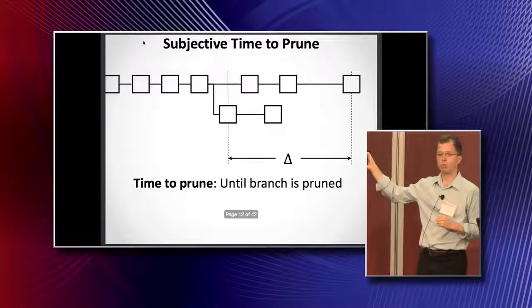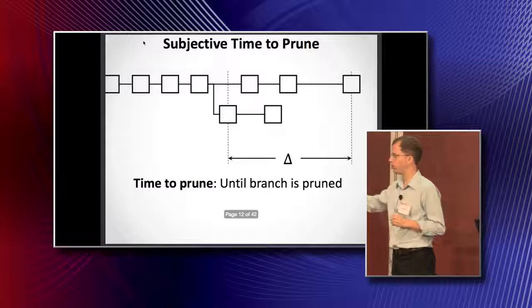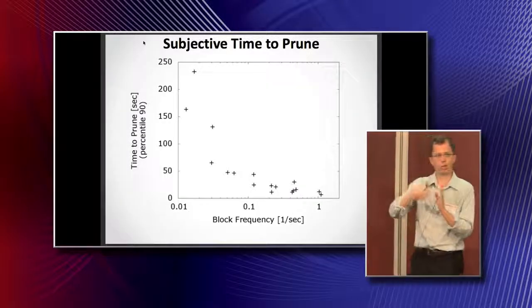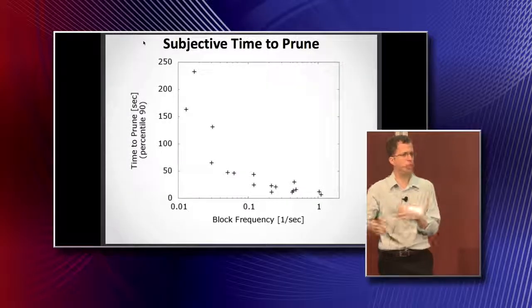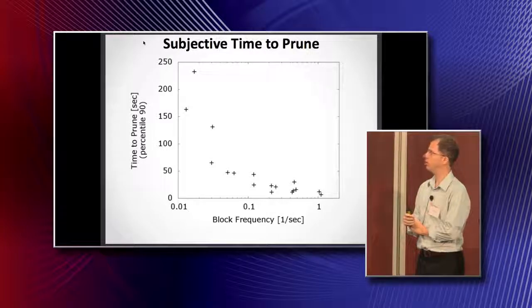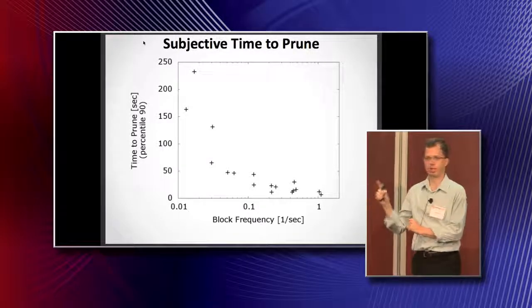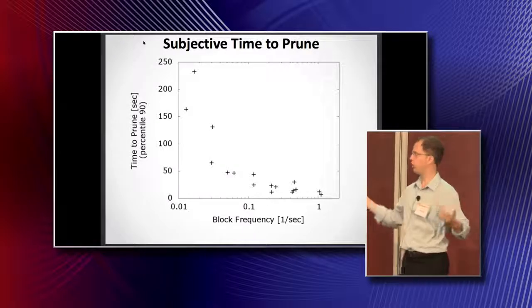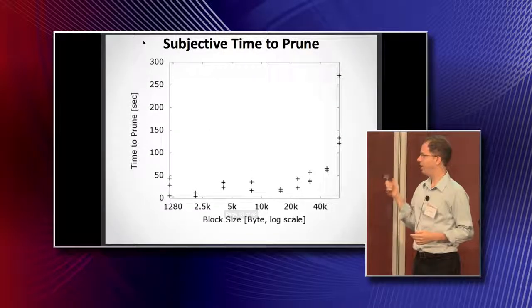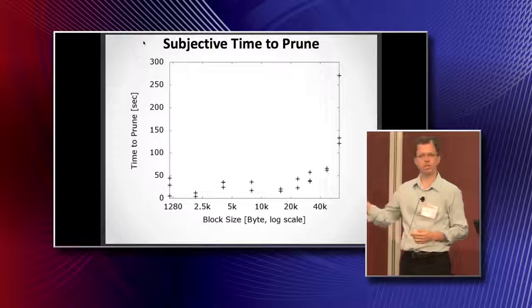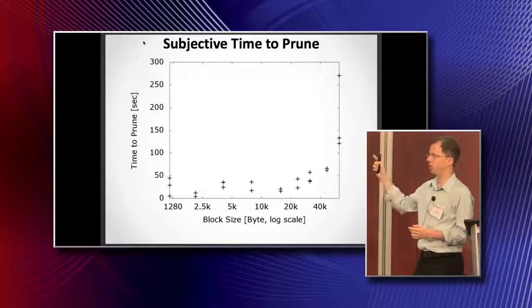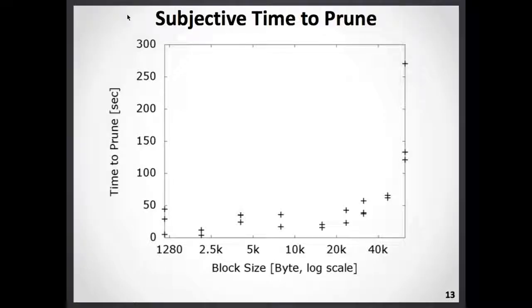And again, we see an improvement here as we reduce the block interval, as we increase block generation frequency, we get better pruning time. And this will be the last optimistic slide for a while, so enjoy it. Block size, as we increase it, things go bad. We get worse and worse time to prune very quickly.